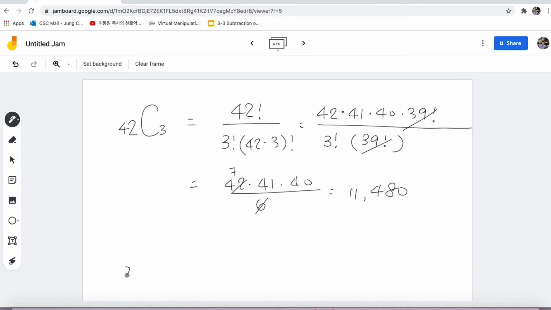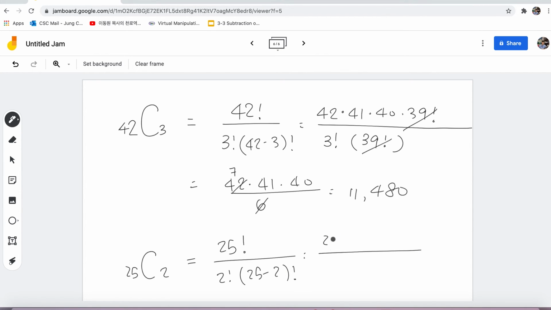How many people were there? 25. And to shake hands, only 2 people are chosen out of 25. So 25 choose 2 is the solution, right? So it's going to be 25 factorial over 2 factorial times (25 minus 2) factorial.